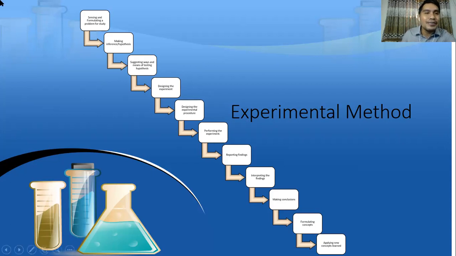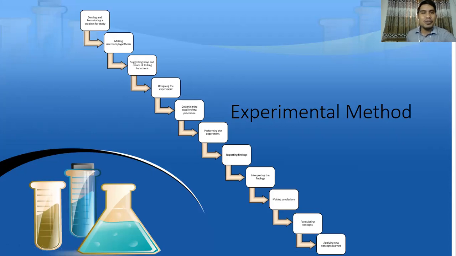So here we start with sensing and formulating a problem for the study that you are going to experiment on, and then we make an inference or hypothesis. Yes, we formulate our hypothesis or our educated guess, and then we suggest ways and means of testing the hypothesis.